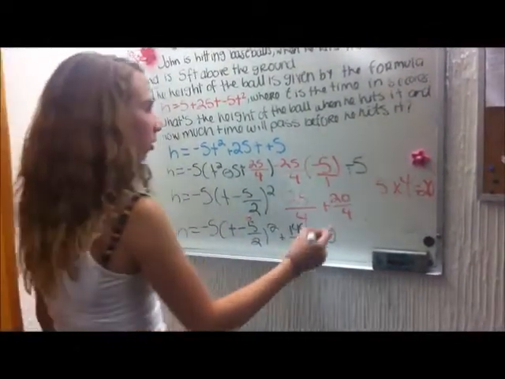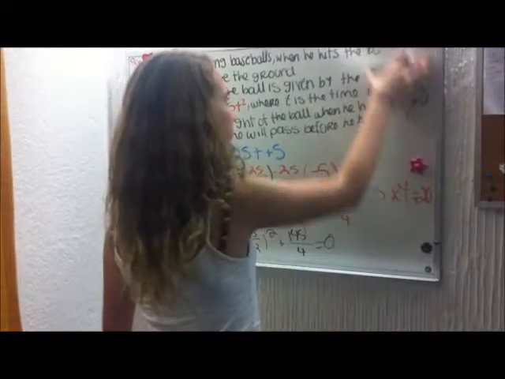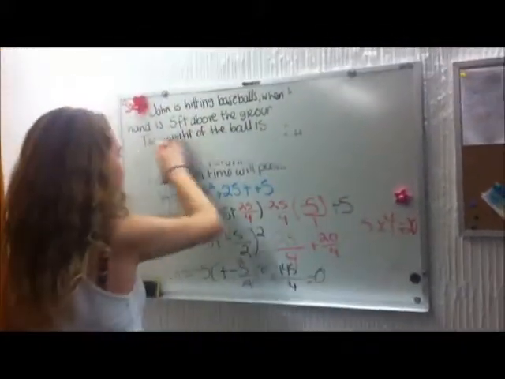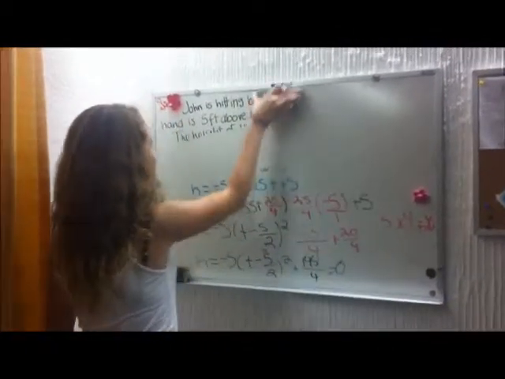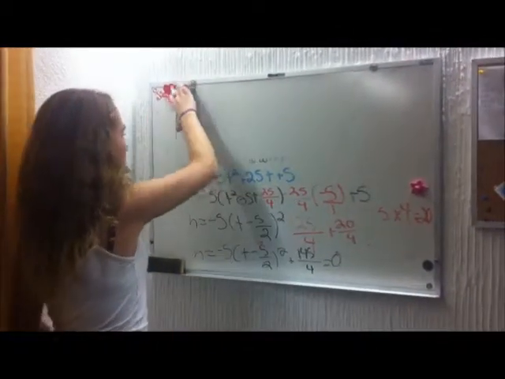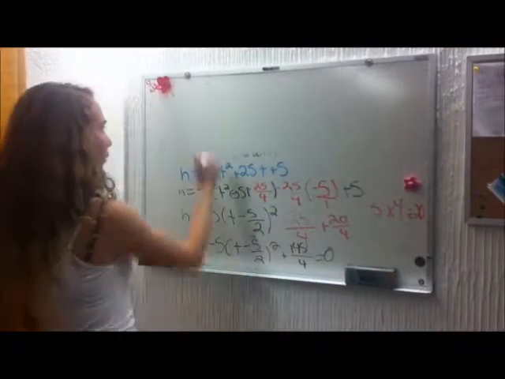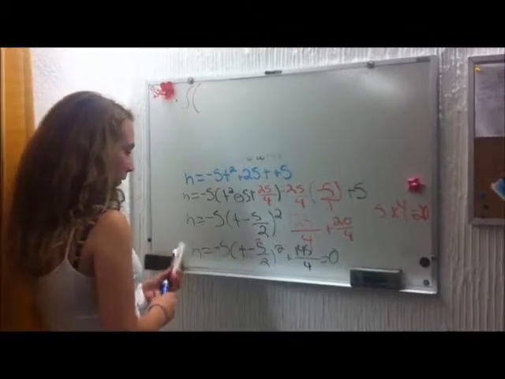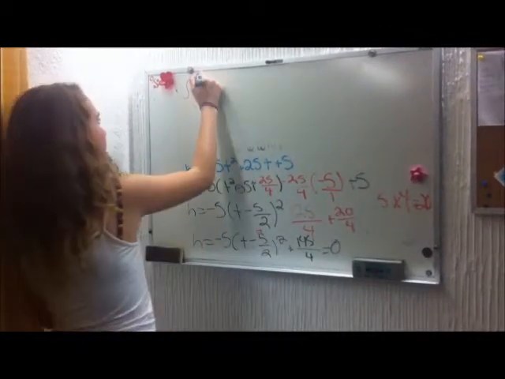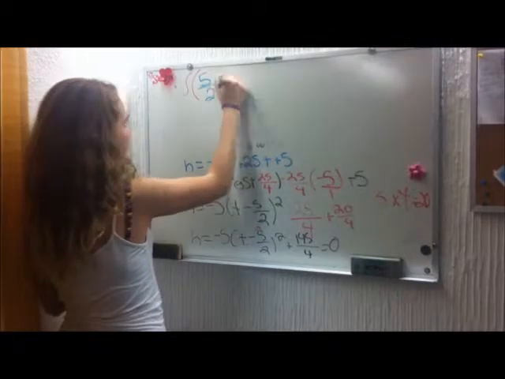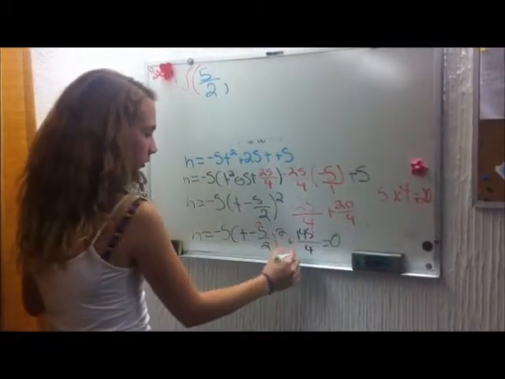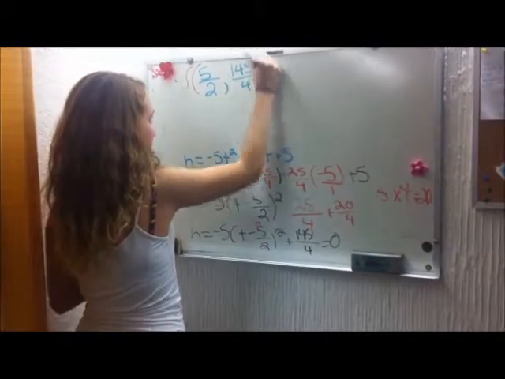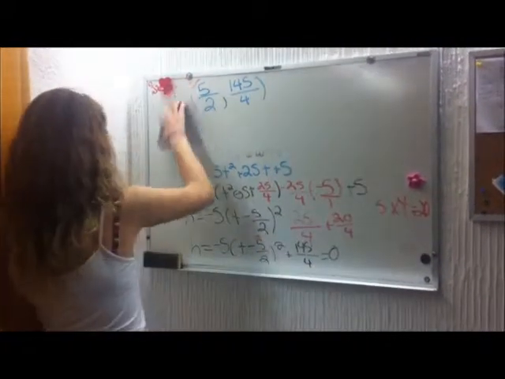We change the sign, so our vertex is plus 5 halves. It's gonna be x, and the y is gonna be this one, 145 fourths. This is now our vertex.